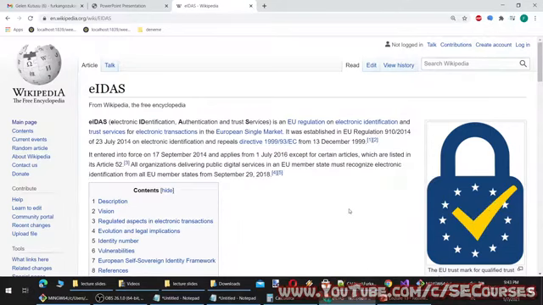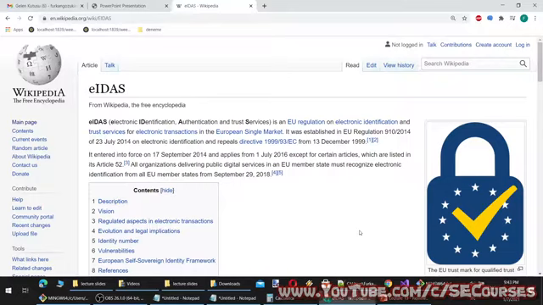eIDAS, Electronic Identification, Authentication and Trust Services, is an EU regulation on electronic identification and trust services for electronic transactions in the European single market. It was established in EU Regulation 910/2014 of the 23rd of July 2014 on electronic identification and repeals Directive 1999/93/EC from the 13th of December 1999.